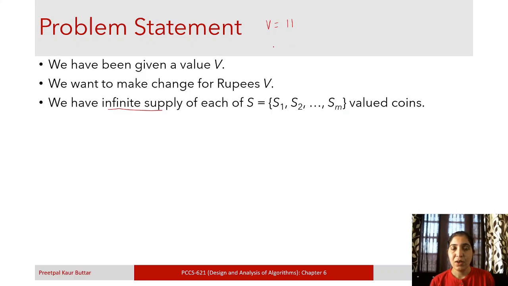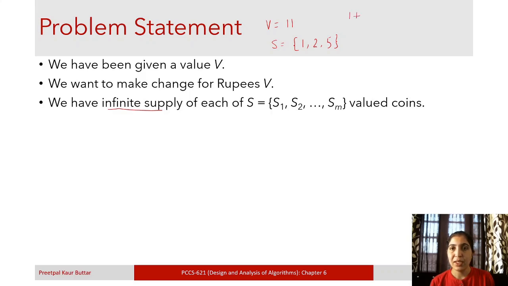Let us say S is equal to 1, 2 and 5. Then if we want to make an amount equal to 11, what are the options available to us?